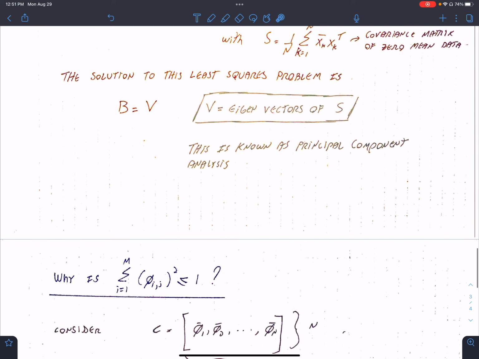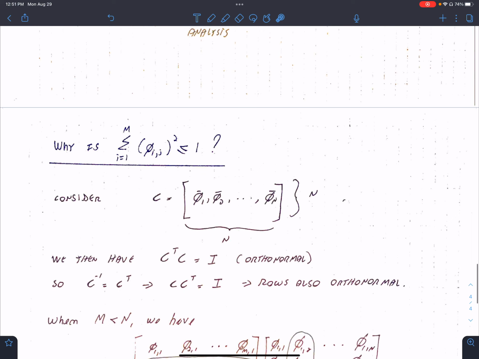The only thing we're missing is to explain why this particular sum that we used earlier is less than or equal to 1. Let's consider this matrix C, which is n by n, the version of the matrix where I take all possible vectors.